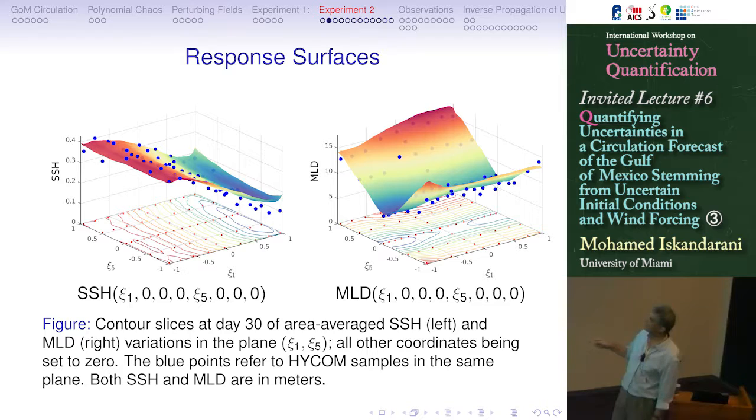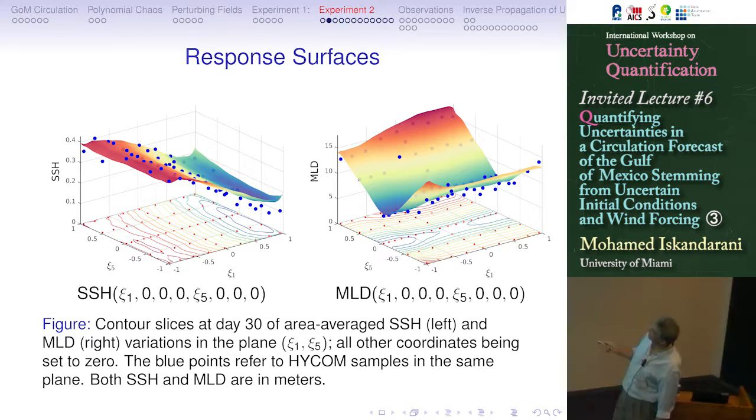The samples are in blue and our surface is in color. And what you see is that the wind isn't doing much to affect the variability in the sea surface height in that box, but the initial conditions are the ones affecting it. So you can actually draw a slice through that response surface.